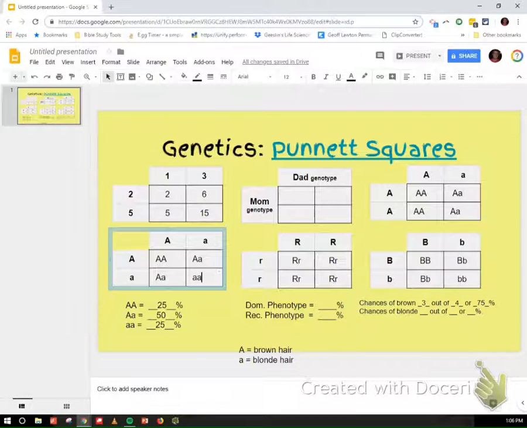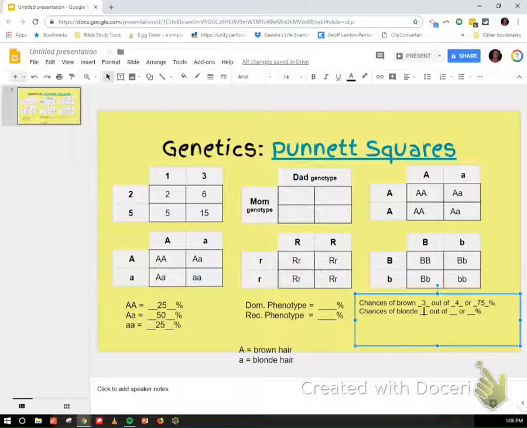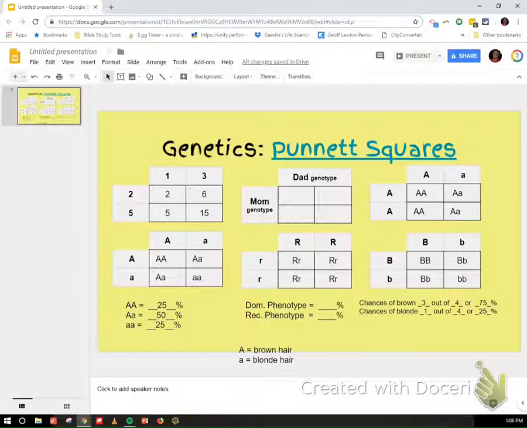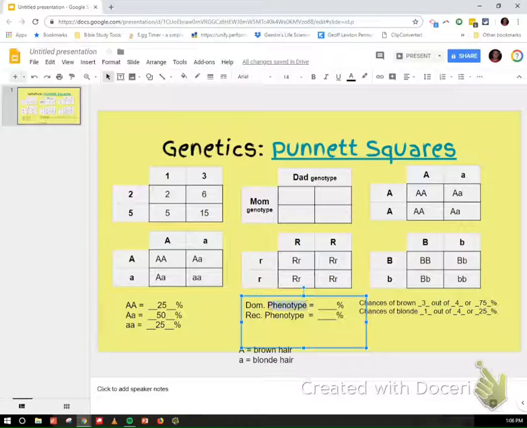Chances of blonde, well, this is the only one that ends up blonde because it's the only one that has all recessive genes. So that's 1 out of 4, which is 25%. These percentages should end up equaling 100, and this one does. Another thing that they may ask is about the dominant phenotype, which in this case would be brown, like it says over here.